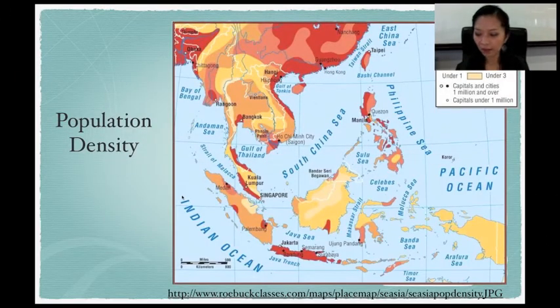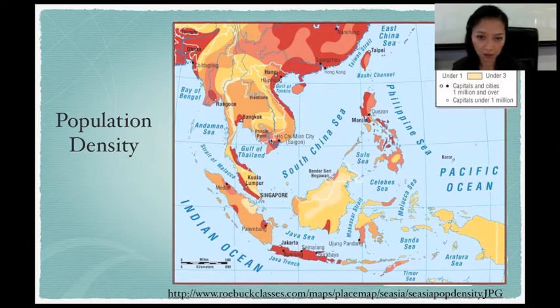Now, look at the next map. Here's the population density map. Look at the map key here. Per square mile, there are over 260 people on the red part. Well, look at each country here. Look at Vietnam. In Hanoi, which is the capital of Vietnam, you see there are a lot of people gathered here.